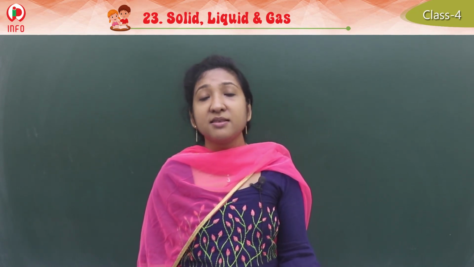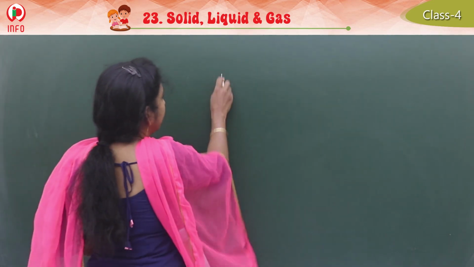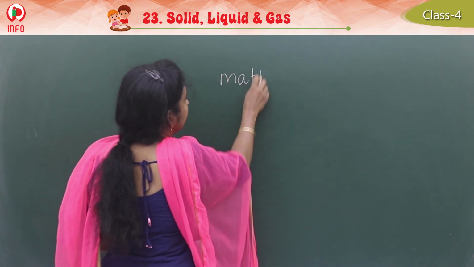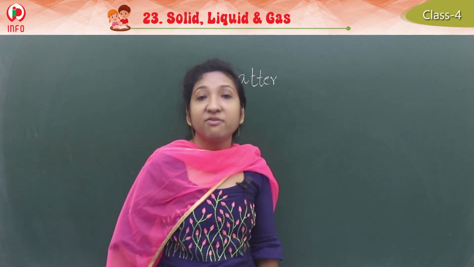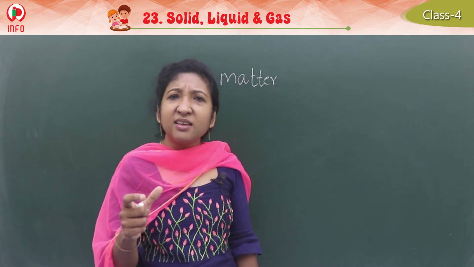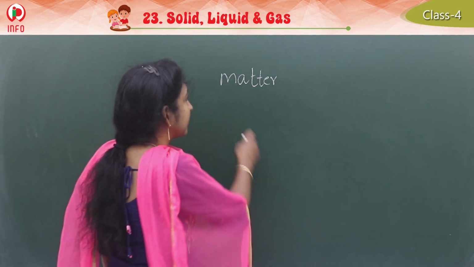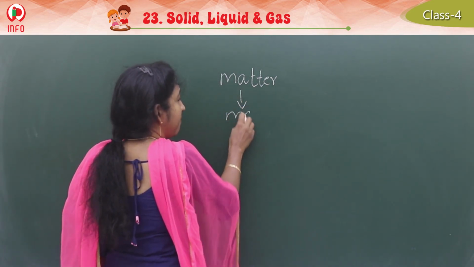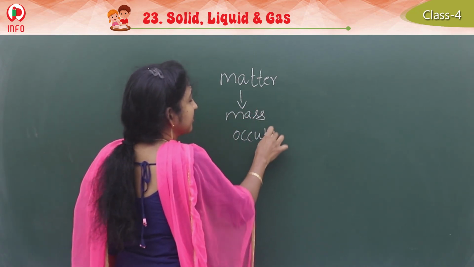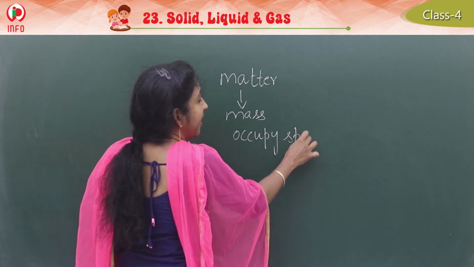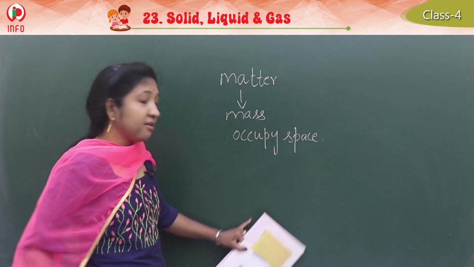All these things are made up of matter. Do you know what matter is? M-A-T-T-E-R. Matter is anything that has mass and occupies space. Take this board, it is a thing.